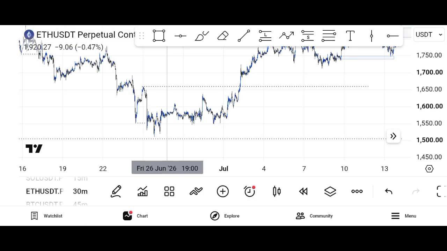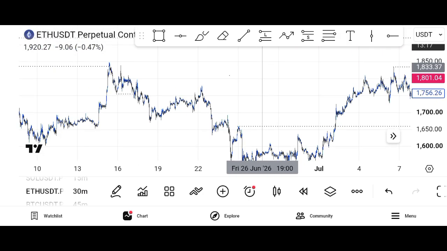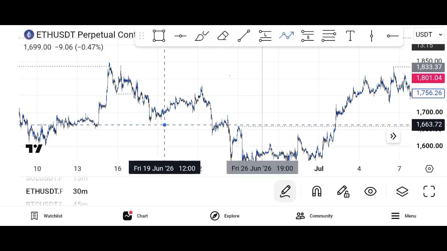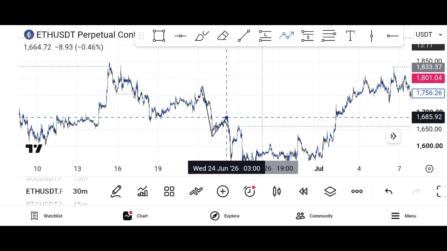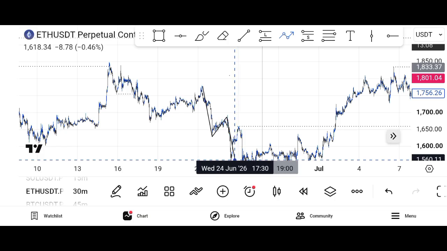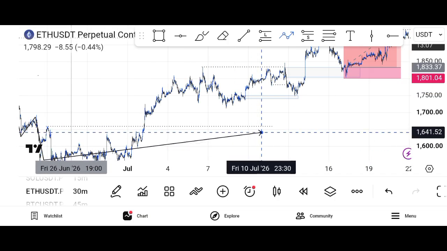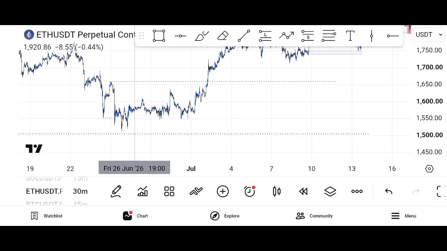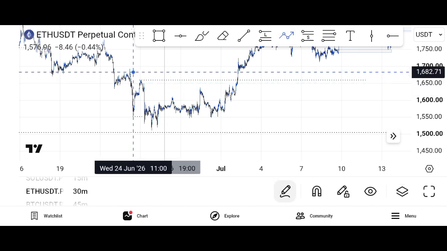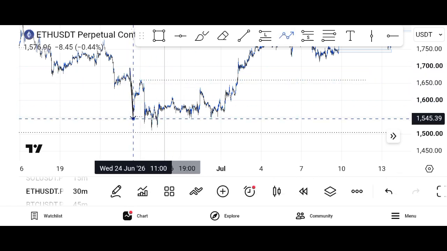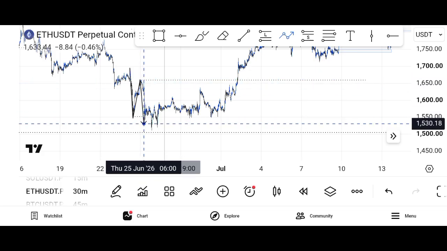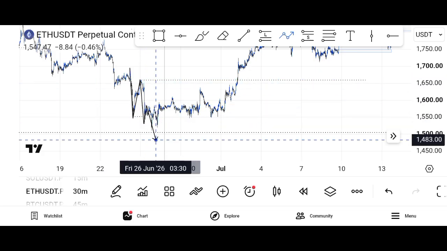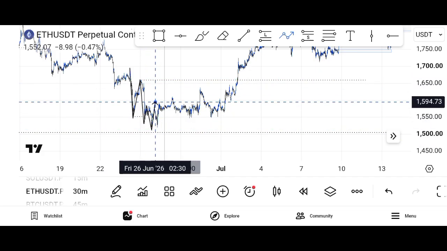Now from this point, we had this low, we had this main high, we had this level, we had this low over here. Then we had this low, we had this high, we had this low, then the market took out liquidity, and it changed structure from here.